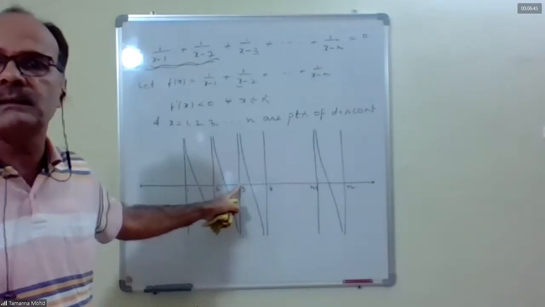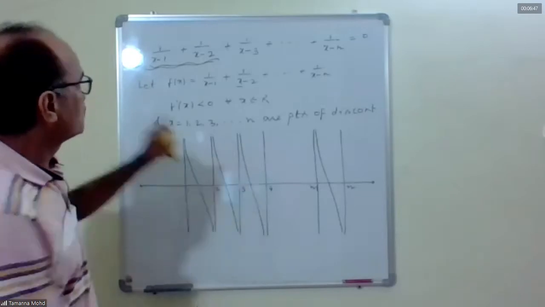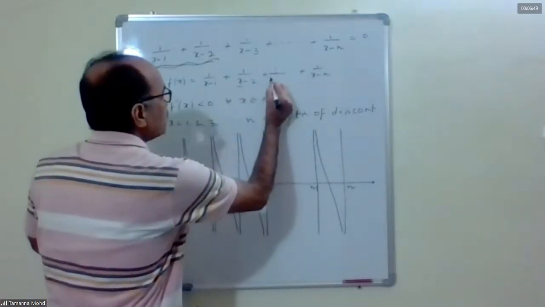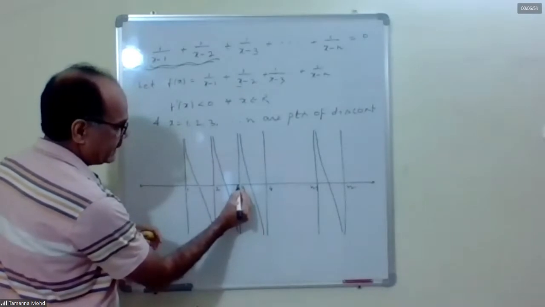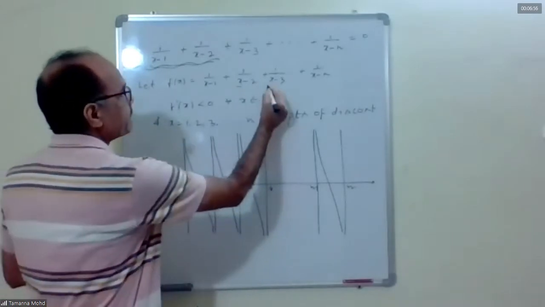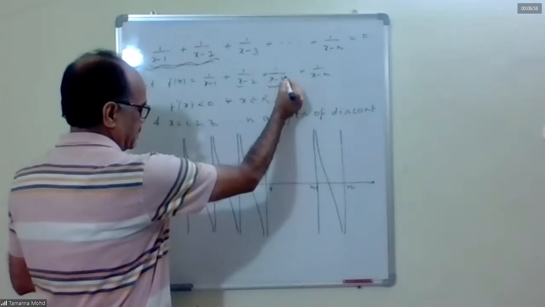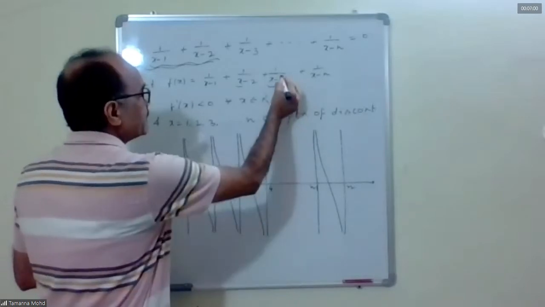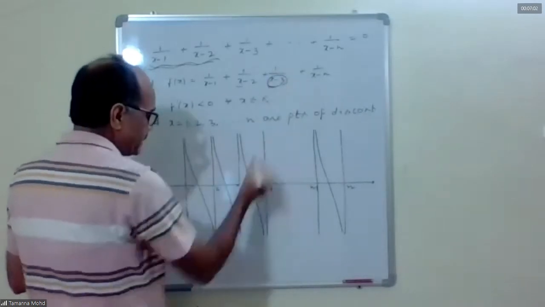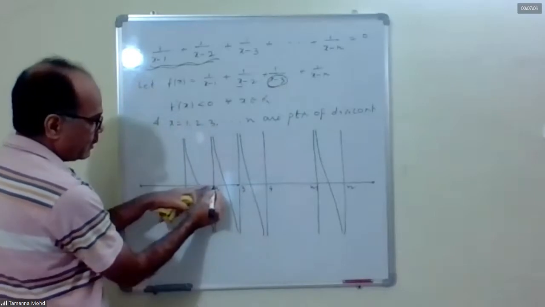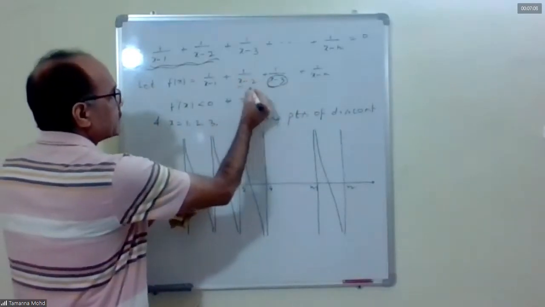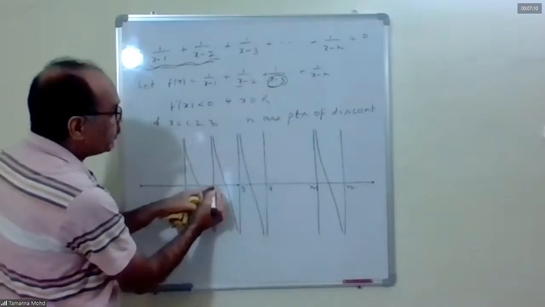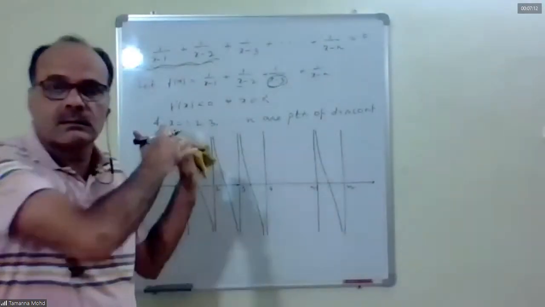What is the left hand limit at 3? X is slightly less than 3, so this quantity is 0 minus. 1 by 0 minus is minus infinity. For 2 plus, slightly more than 2, it is 0 plus, infinity. For 2 plus, other terms are finite.